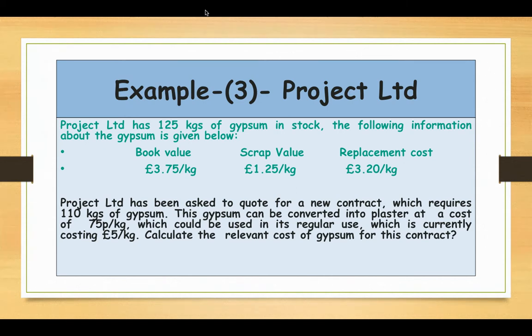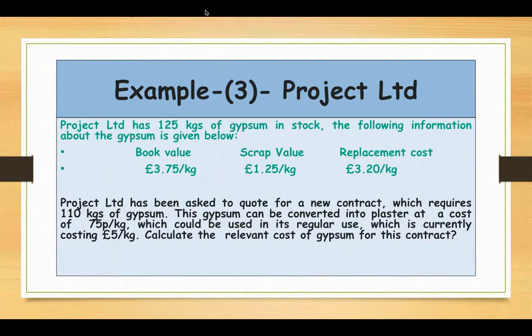This gypsum can be converted into plaster at a cost of 75 pence per kilogram, which could be used in its regular use. So they can convert this gypsum into plaster at a cost of 75 pence per kilogram, and they can use this for their normal use, which is currently costing £5 per kilogram. So if they're going to buy this plaster in the market, that will cost them £5 per kilogram. Calculate the relevant cost of gypsum for this contract.